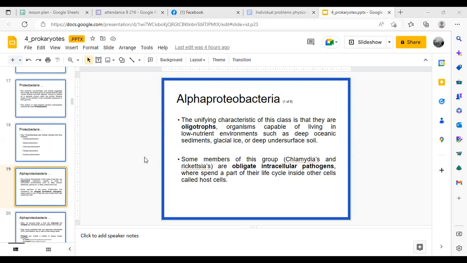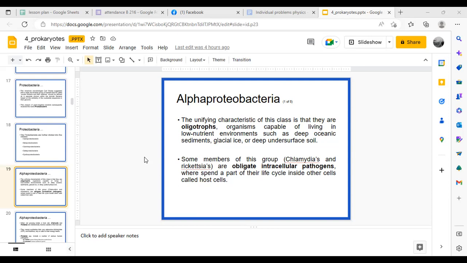So they are called obligate intracellular pathogens, where they spend part of their life cycle inside other cells called host cells. So they're like parasites that use up the ATP of the host cell.